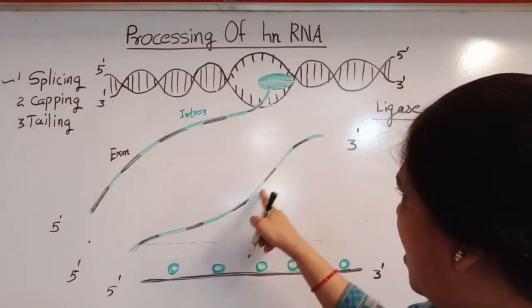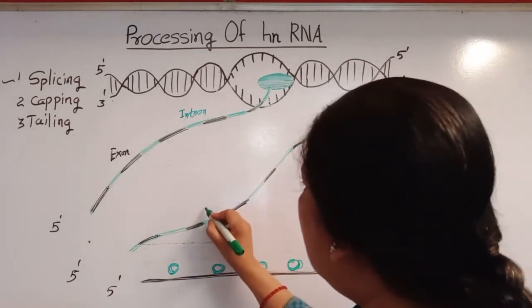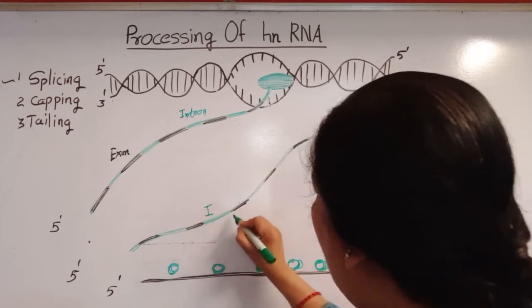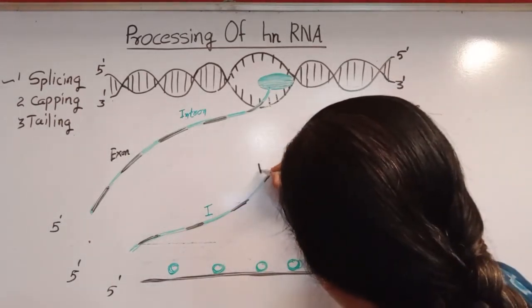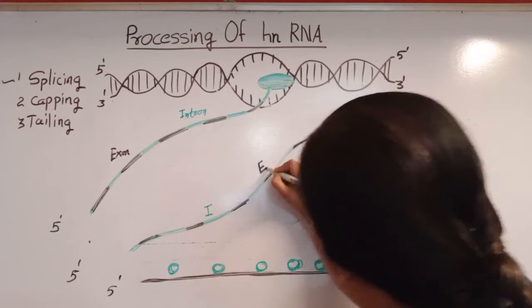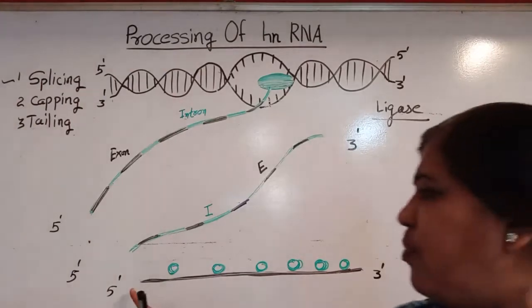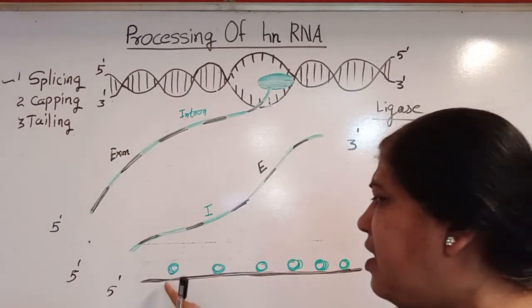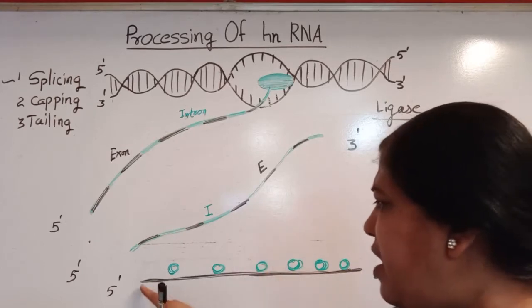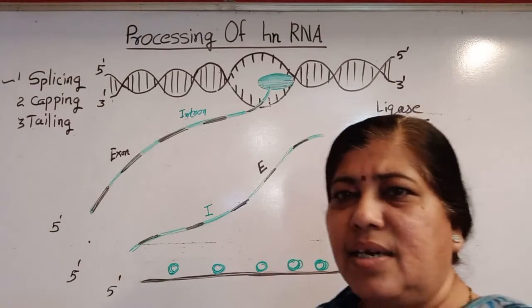Introns are shown by green color, and these sequences which are shown by black color are called exons. See in this diagram, this is the 5' end of RNA, and this is 3' end of RNA. Here introns are removed and exons are connected by ligase enzyme.